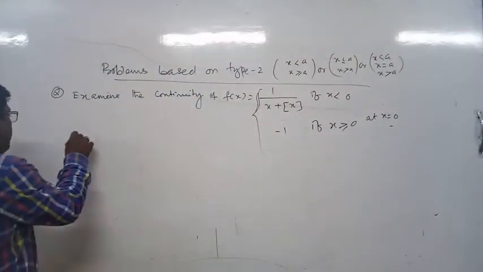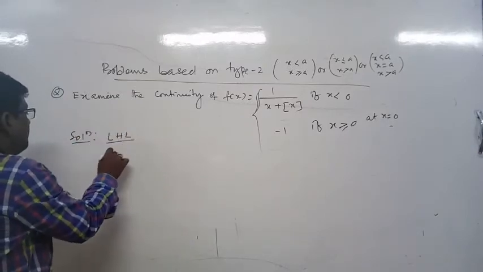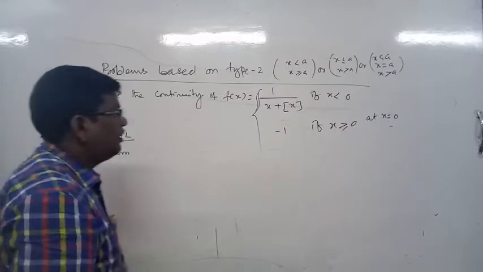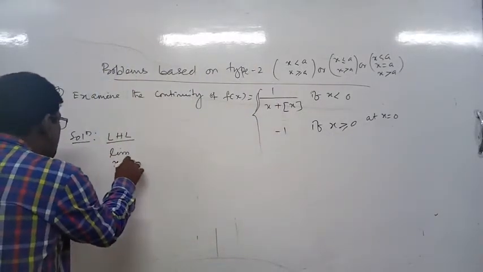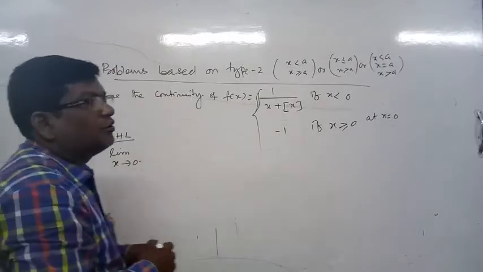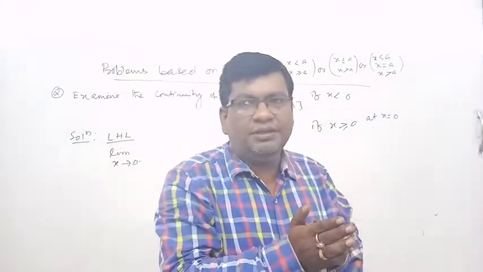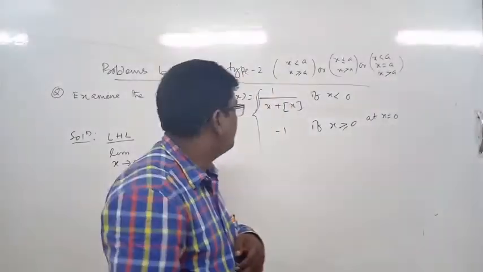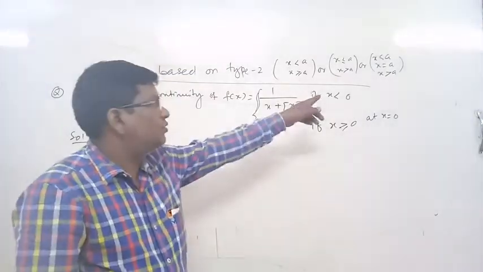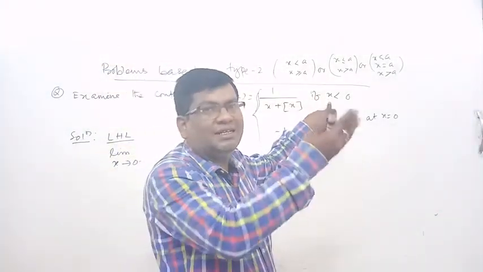Solution: LHL. Limit x tends to a, which means what? 0. X tends to 0 minus. What do you mean by 0 minus? 0 minus means less than 0. In the question, x less than 0, so 0 minus means values of x less than 0.